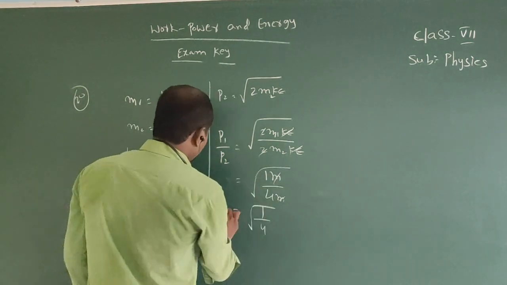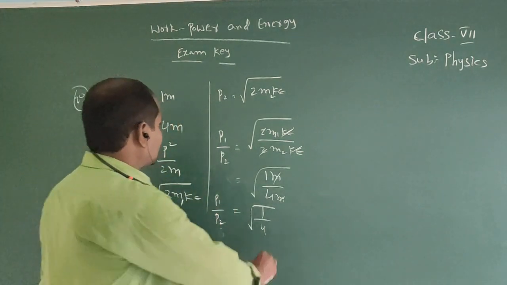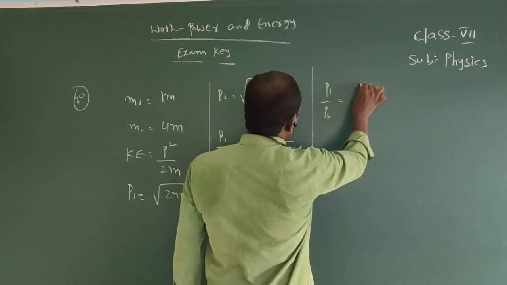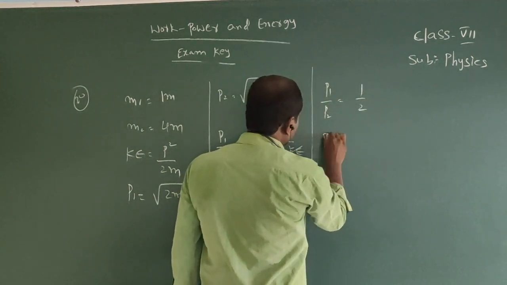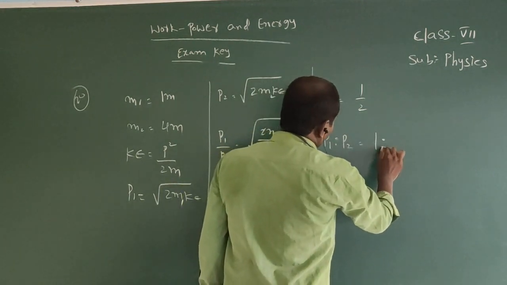Root, P1 by P2 equals root 1 by 4, that equals 1 by 2. That means P1 is to P2 equals 1 is to 2.